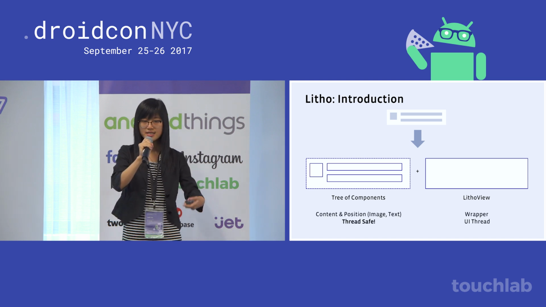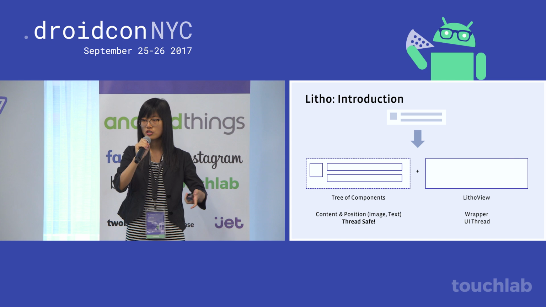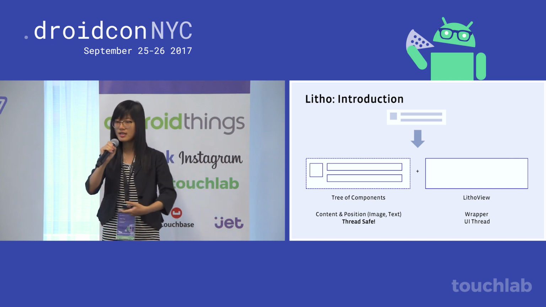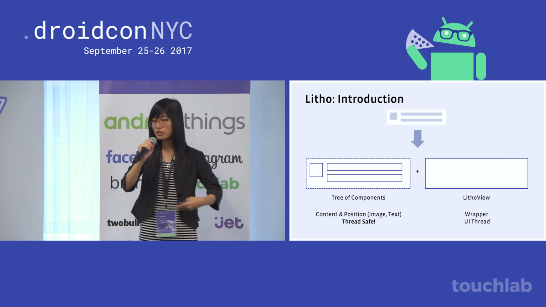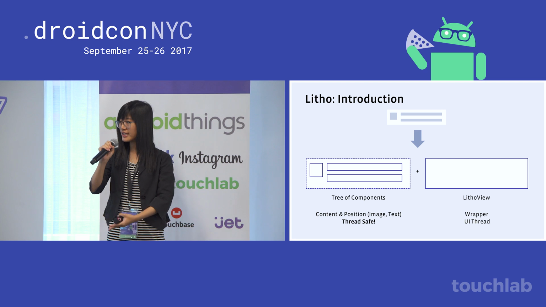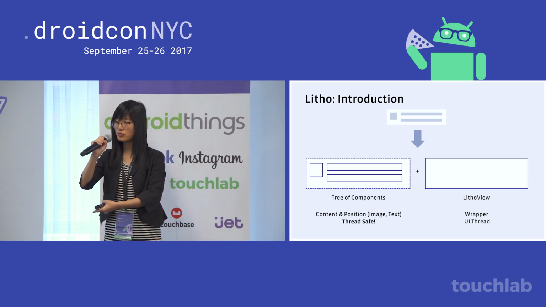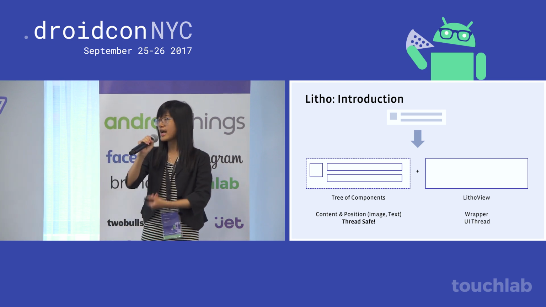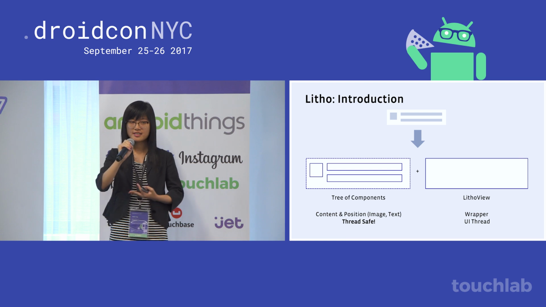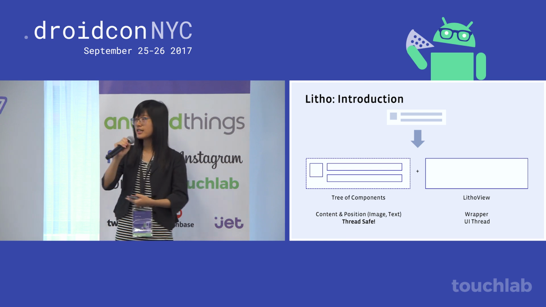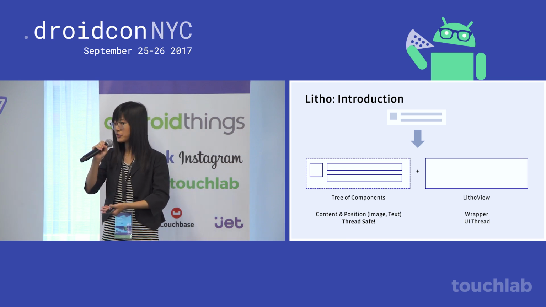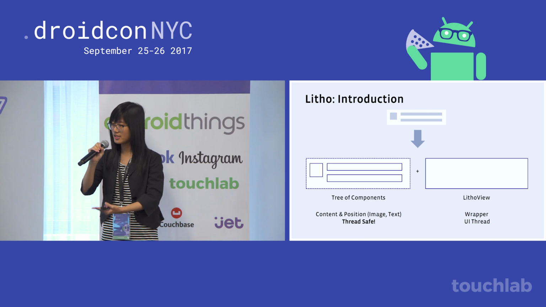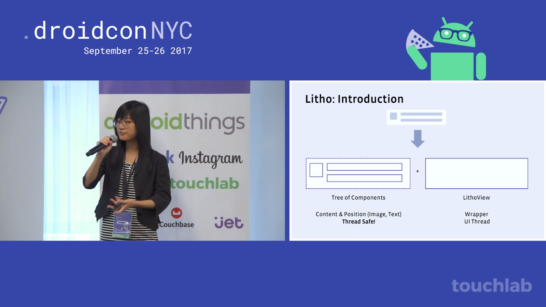The tree of components contains the content and position of the image and text elements. It's also thread safe, so it can be pre-populated and prepared on a background thread beforehand. On the other hand, the Litho view is still an Android view, so it needs to run on the UI thread, but it's also just a simple wrapper, so it's lightweight and efficient to render.